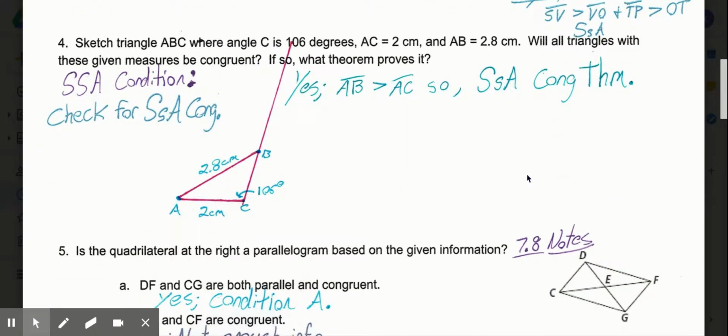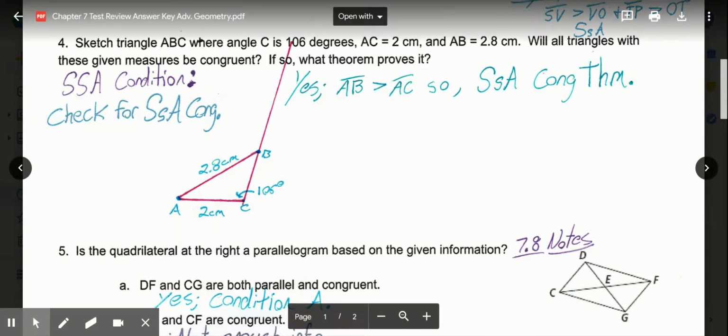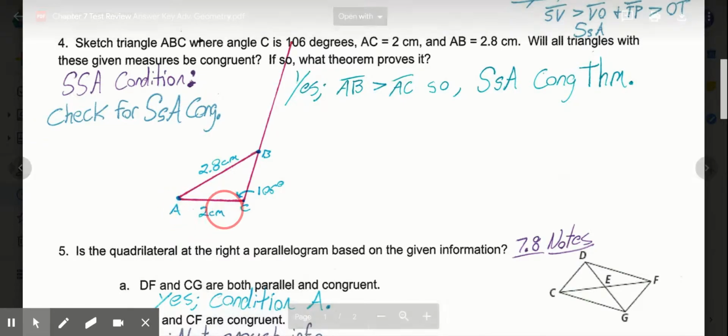So the process for number 4: sketch triangle ABC, where angle C is 106 degrees, side AC is 2 centimeters, and AB is 2.8 centimeters. Will all triangles with these given measures be congruent? If so, what theorem proves it? So when I drew this, I started with side AC. So I first drew my 2 centimeter segment here.